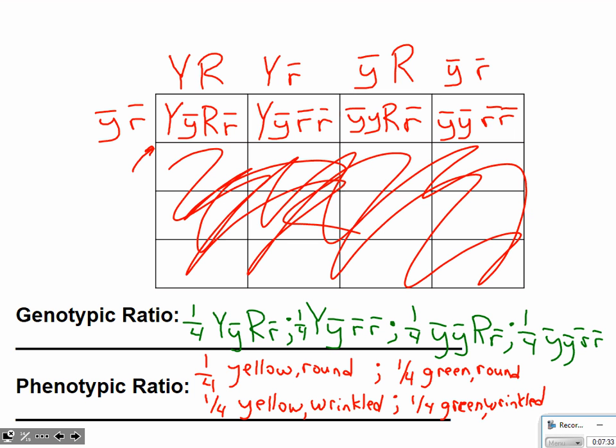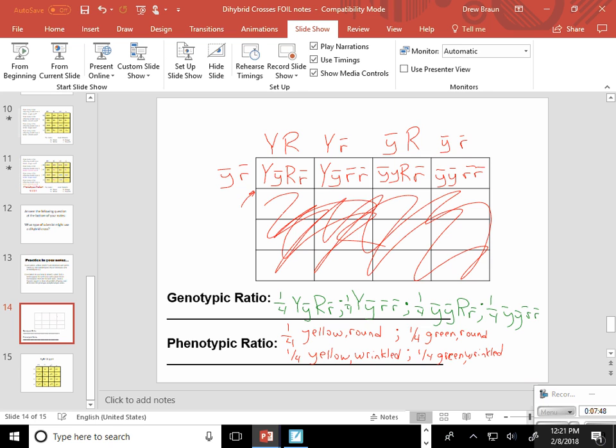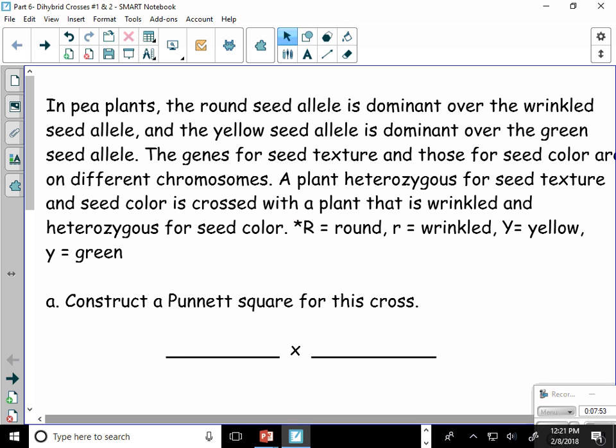Because we're going to work a couple of more. Let's open our interactive notebook. Open your interactive notebook to page, I believe it's 26. That sound right?